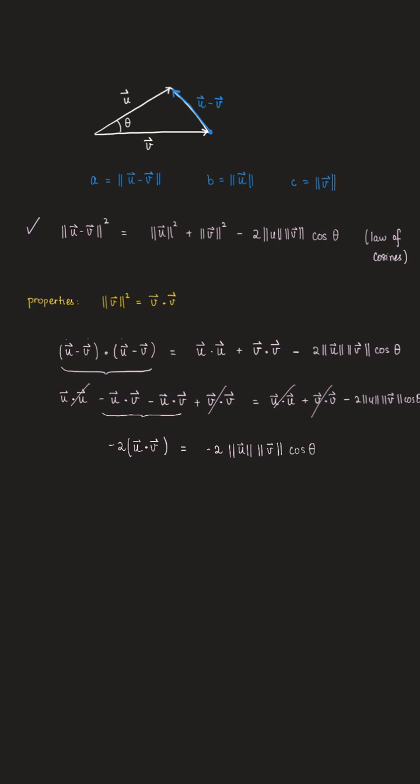Dividing both sides by negative 2, we get our second form of the dot product, which tells us the dot product of u dot v is the magnitude of u times the magnitude of v times the cosine of the angle between the two vectors. And this is our second form of the dot product.